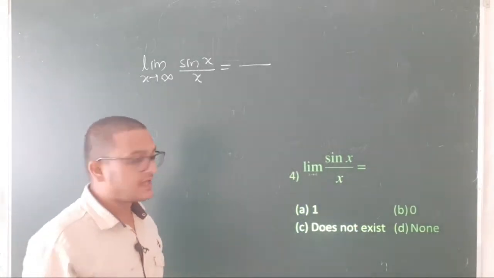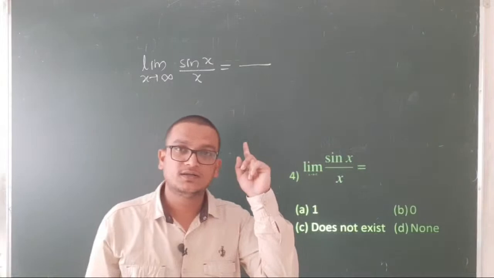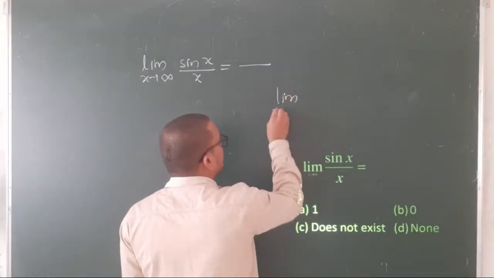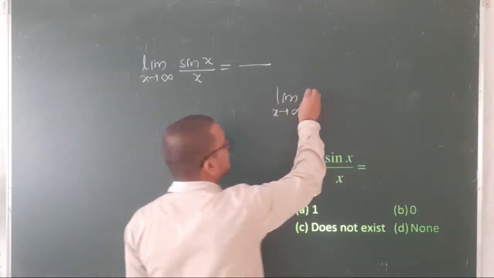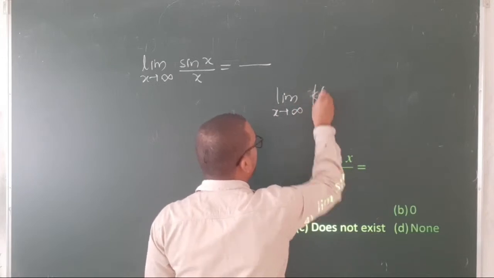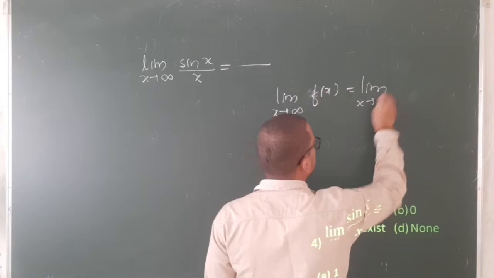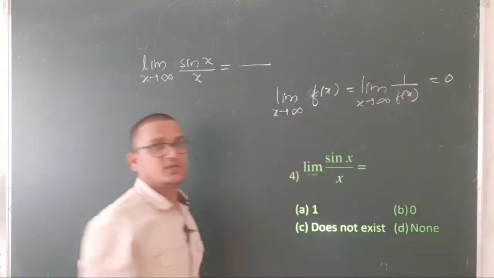By that, the result I taught you: whenever you have your limit in this form, it can be written as limit x tends to infinity 1 upon f of x, and its answer is going to be 0.